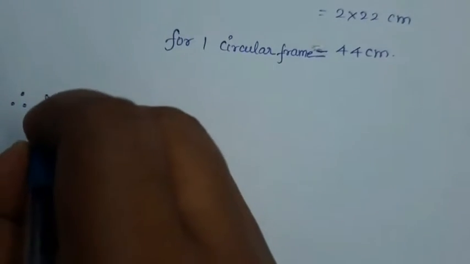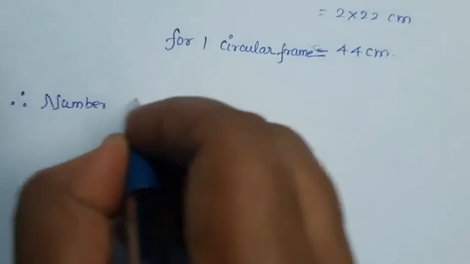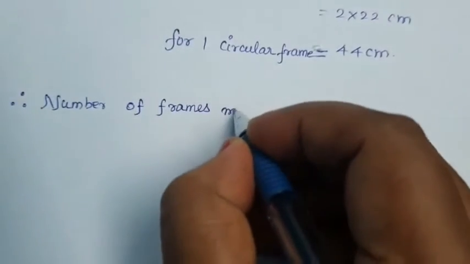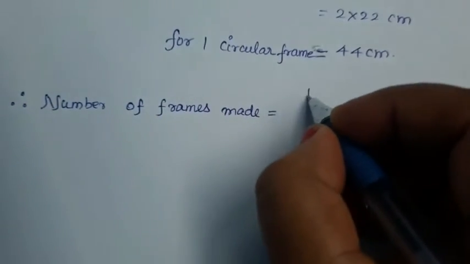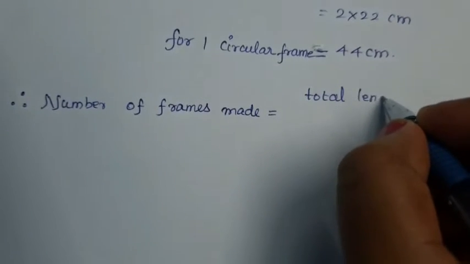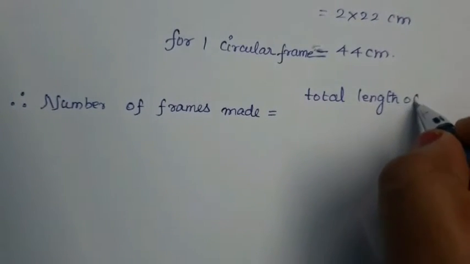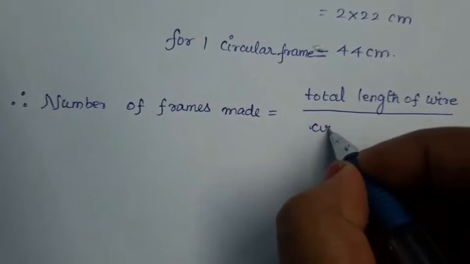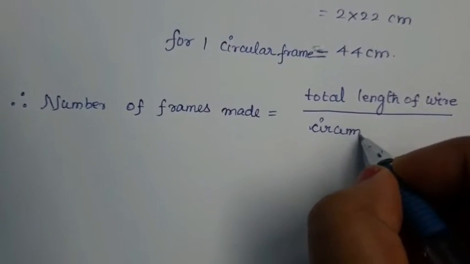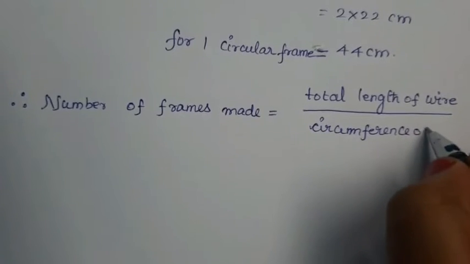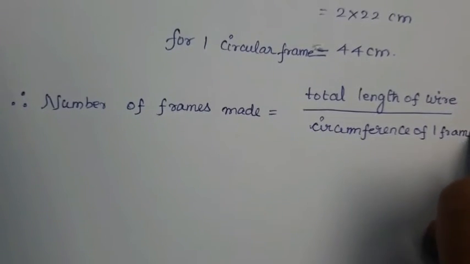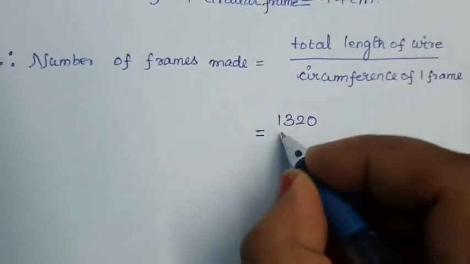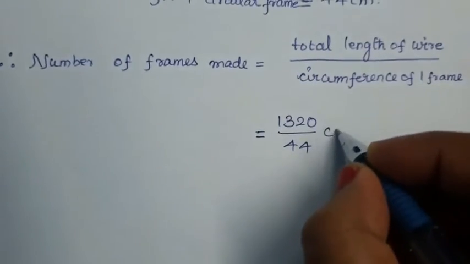Therefore, the number of frames that can be made is equal to the total length of the wire divided by the circumference of one frame, which is equal to 1320 centimeter divided by 44 centimeter.